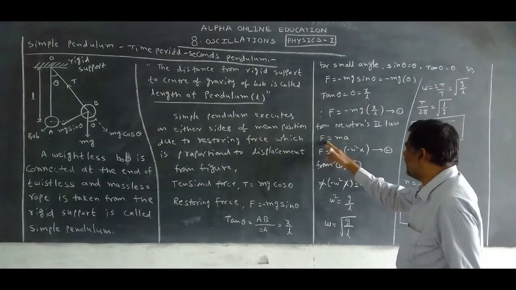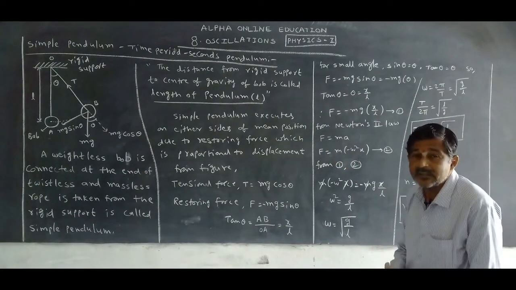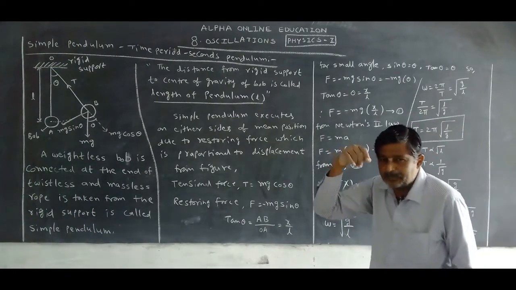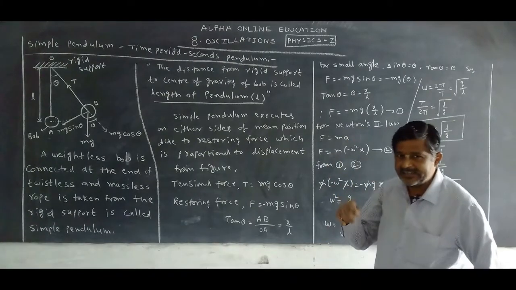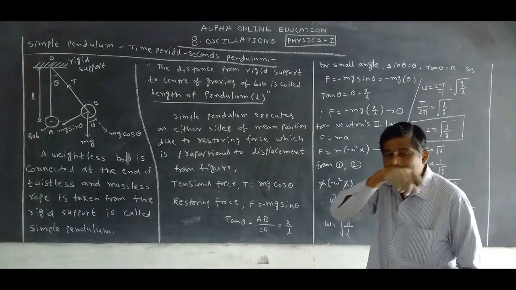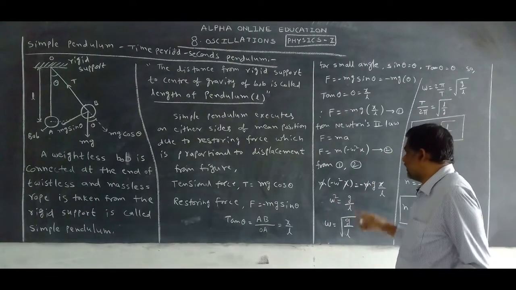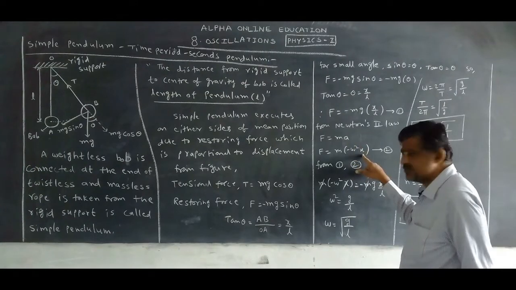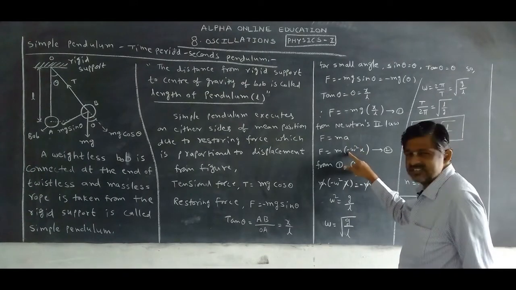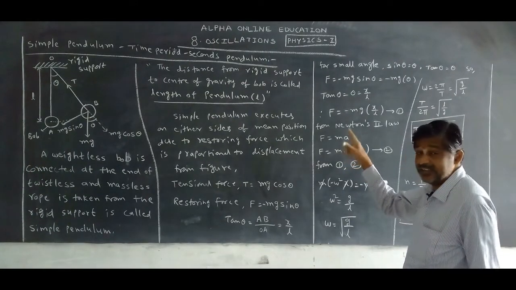From Newton's second law, we know that F is equal to ma. But when the particle is in simple harmonic motion, we have proved that acceleration is proportional to displacement and acts in the opposite direction. What equation can we get?